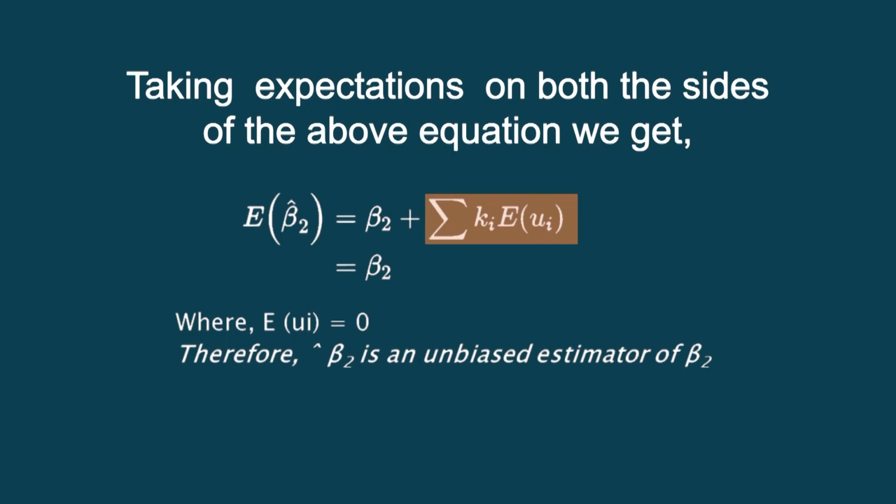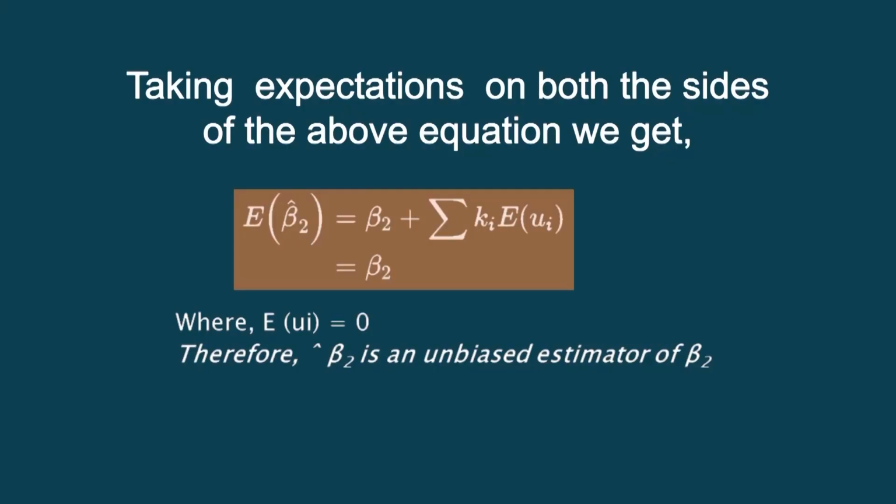On average, it should be equal to the population parameter, plus summation of ki, which is already there as a weight, and expectation is introduced just before ui, because we are always after the zero mean assumption of the error term. So we can see that expectation of ui boils down to 0.